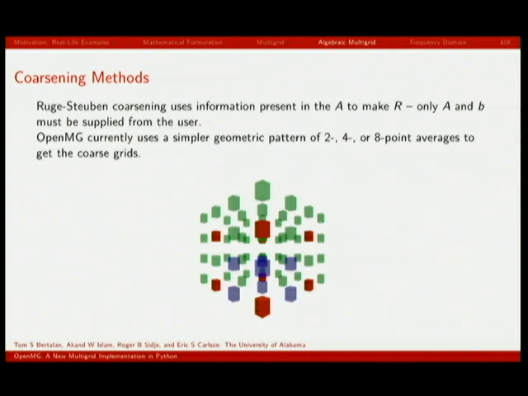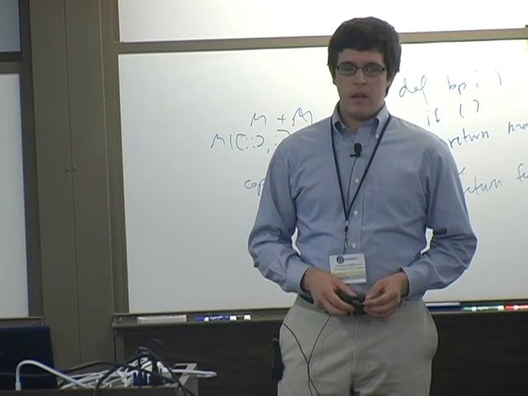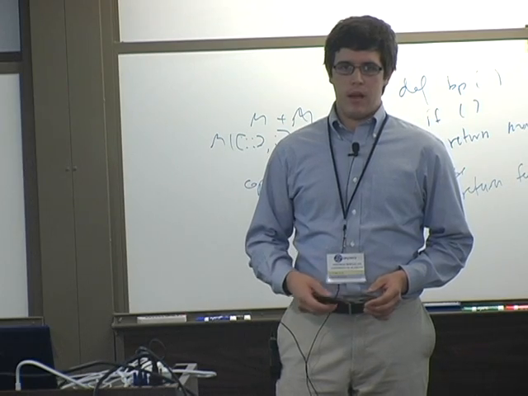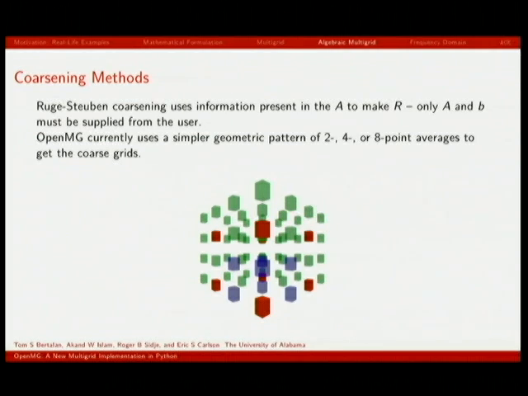So where we had 1/8 as the weight given to each of these blue points when it goes into the 1 red point, that 1/8 can be made a different weight depending on the coefficients in the coefficient matrix A that's originally supplied. So for a good algebraic multigrid with a Ruge-Stüben coarsening method, all that has to be supplied by the user is a coefficient matrix A and a right-hand side B, and it will supply the U vector in essentially linear time.